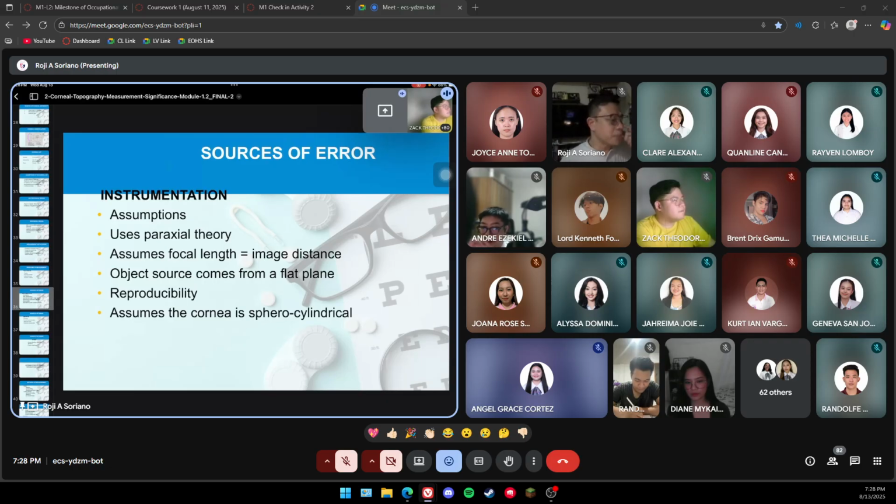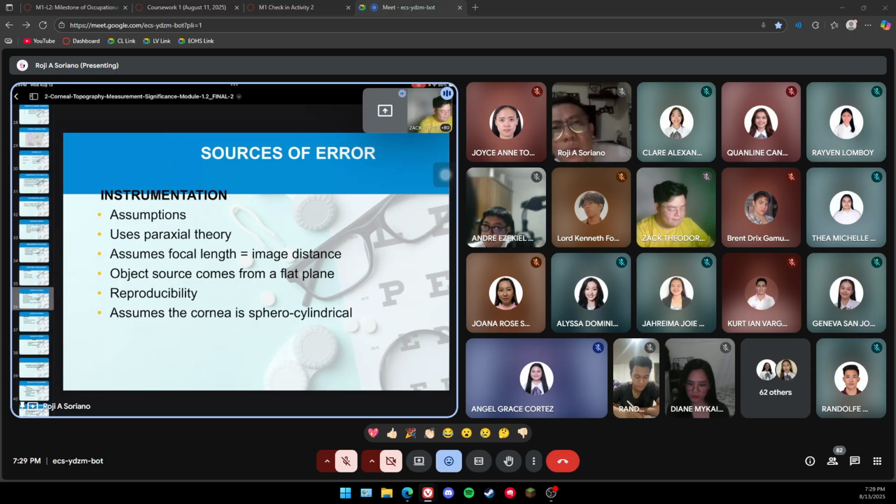Right. And it uses axial theory. It assumes focal length, which is your image distance, and that the object source comes from a flat plane. Well, the question is, are the forehead and the chin rest in the right position? So you know that you would have a problem, right? Not to mention reproducibility.